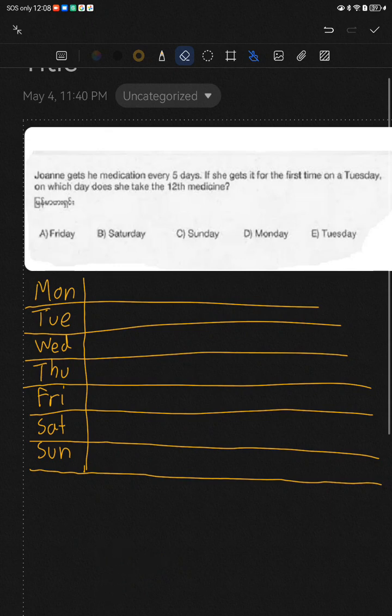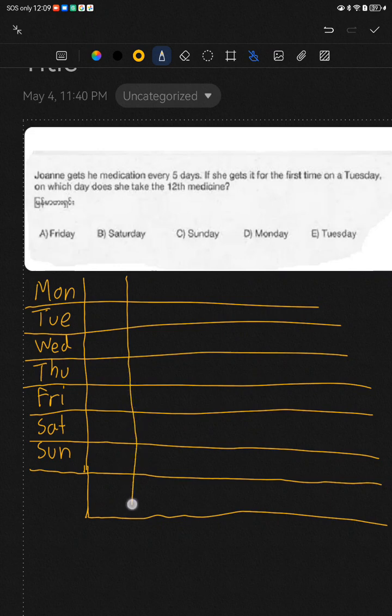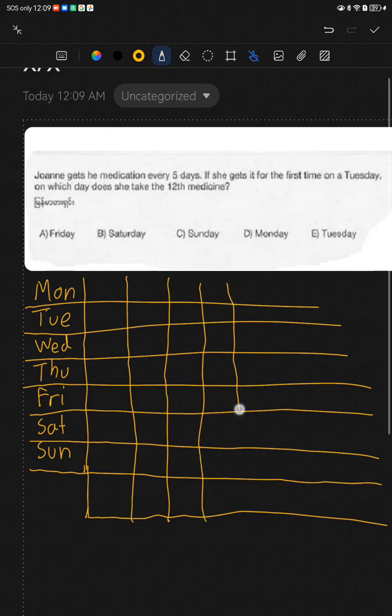And then in here, I listed the total number of days passed, starting from the first day, then the second, fourth, fifth.